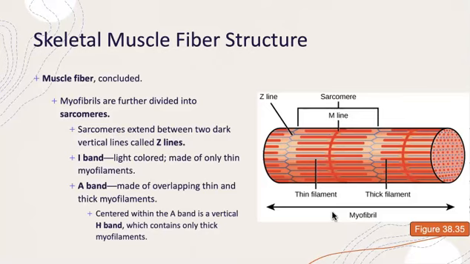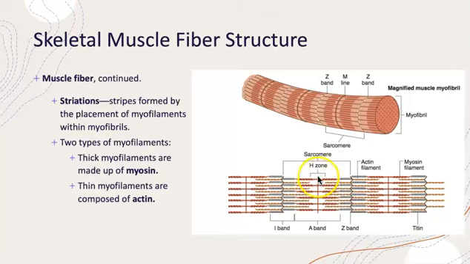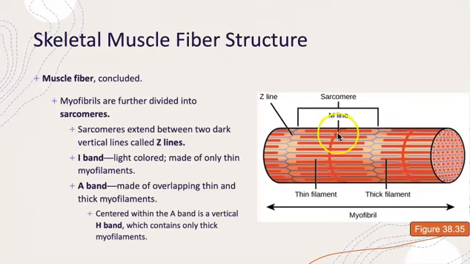Now, in the center within our A band, we are going to have a vertical H band, and it's not pictured as well over here, so I'm going to flip back to this one, but that's going to be where we have, well, I can't say no myofilaments, but we're going to have only the base or the center of the thick filaments. So it is going to appear just a little bit lighter in there. And in the center of that, we are going to have that M line.